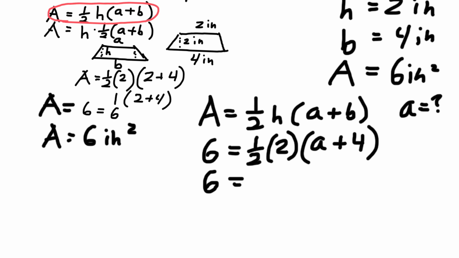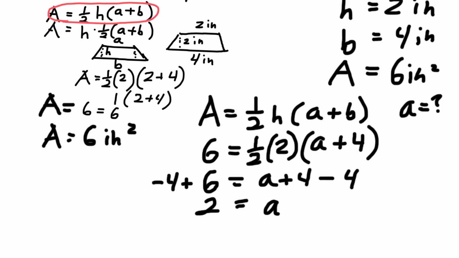This side, 1/2 times 2 is 1, so I can just put A plus 4. And I can subtract 4, or add a negative 4 to both sides. Right? So A equals 2, because those cancel each other out. See, so you can work in either direction.